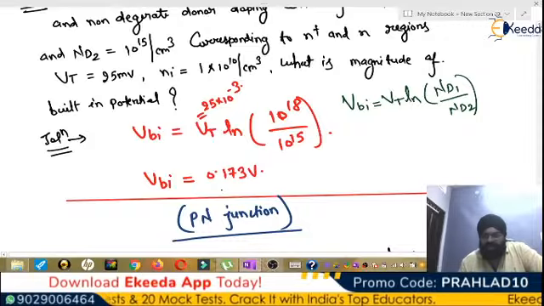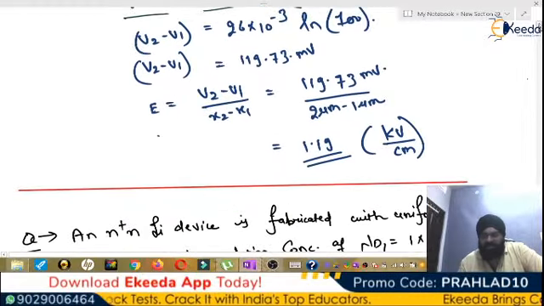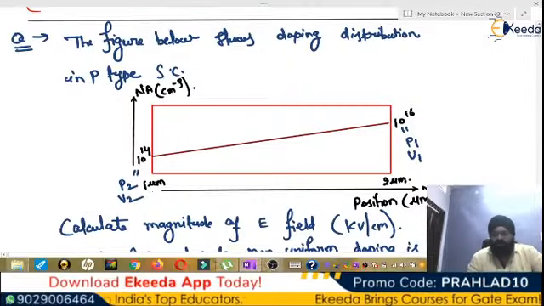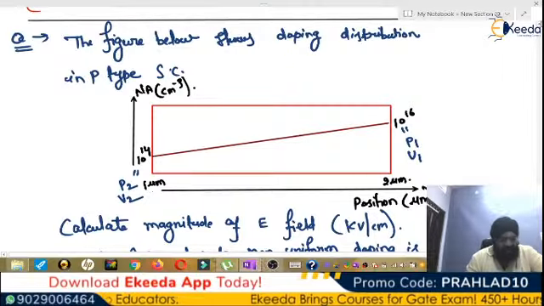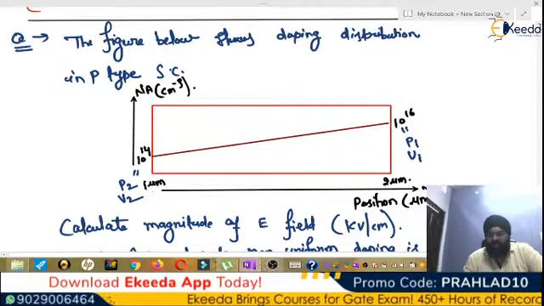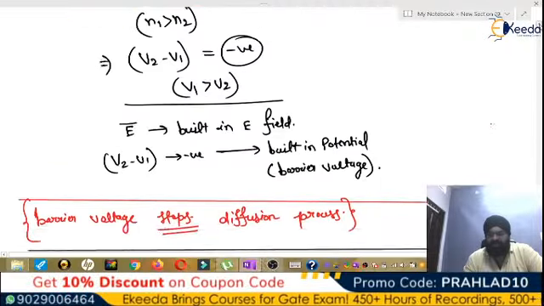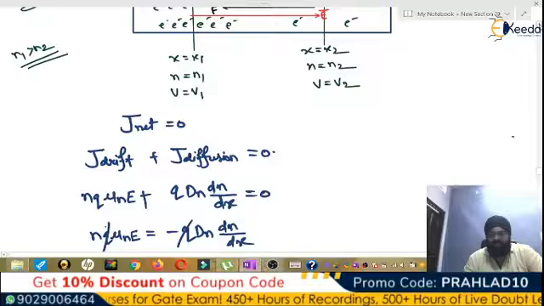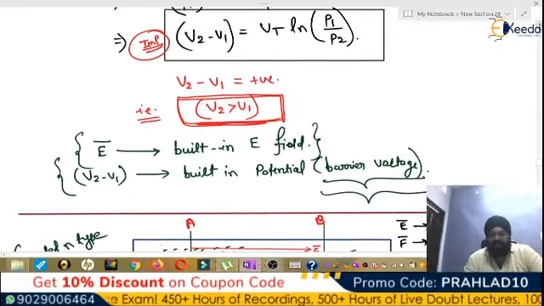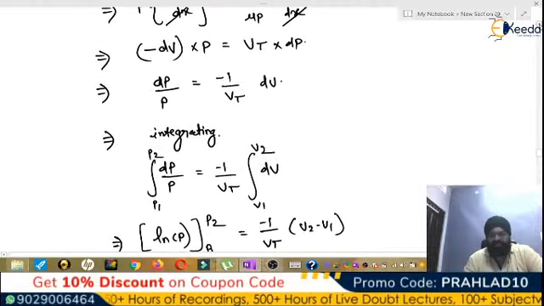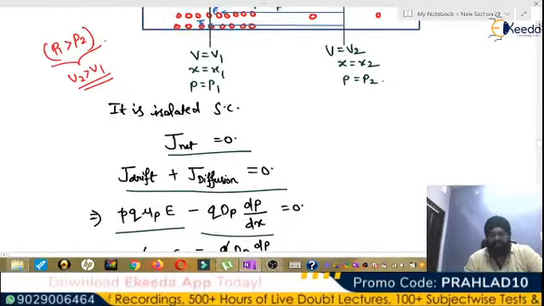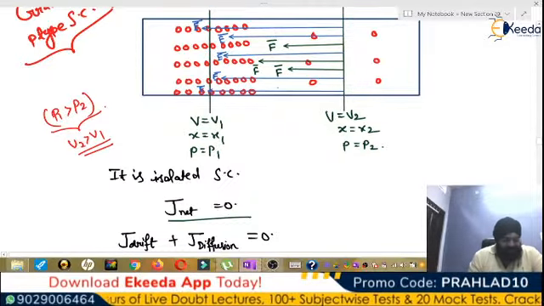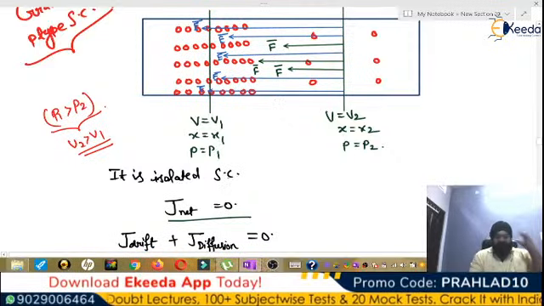What are graded semiconductors? Graded semiconductors are those which have non-uniform doping. And due to non-uniform doping, some internal voltage, which is called the built-in potential, is generated. As we can observe from here, let me explain. This is a graded p-type semiconductor.